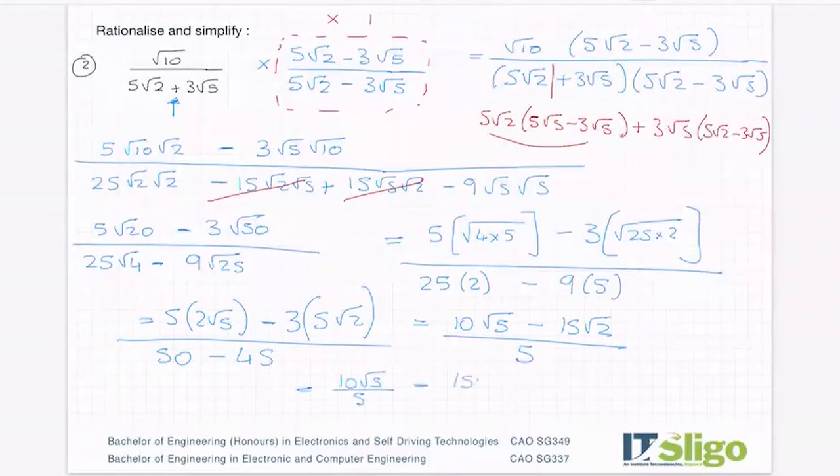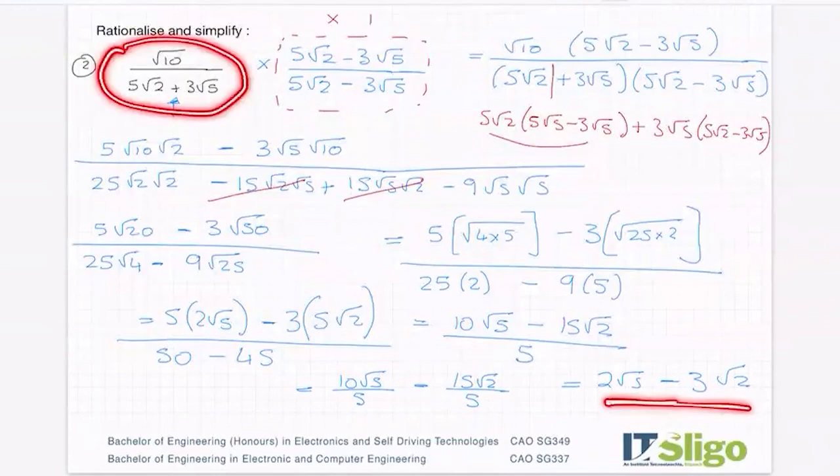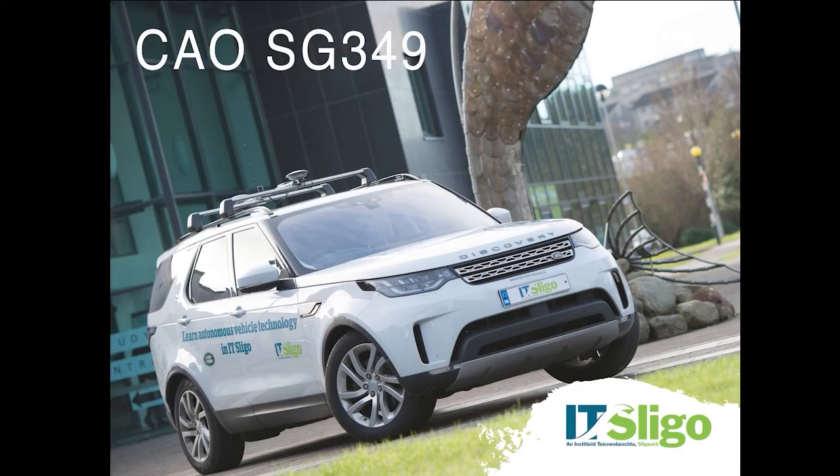And this one is minus 15 root 2 over 5. 10 over 5, 10 divided by 5 is 2 root 5. 15 over 5 is 3 root 2. So that is that question in its absolute simplest form.